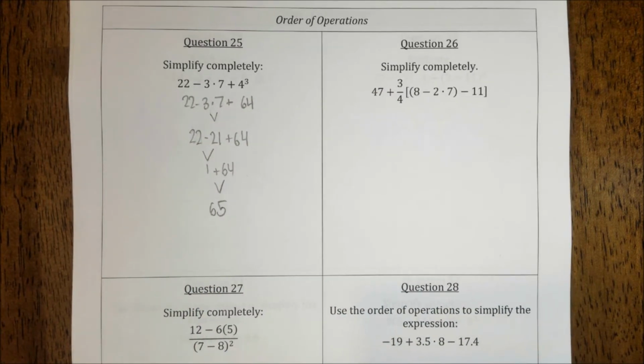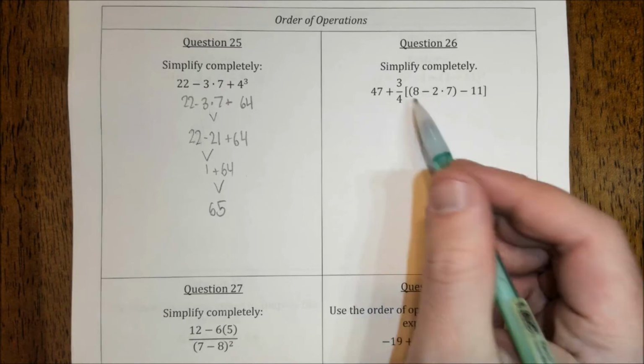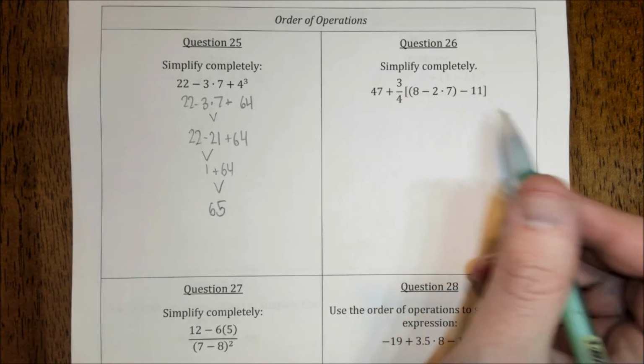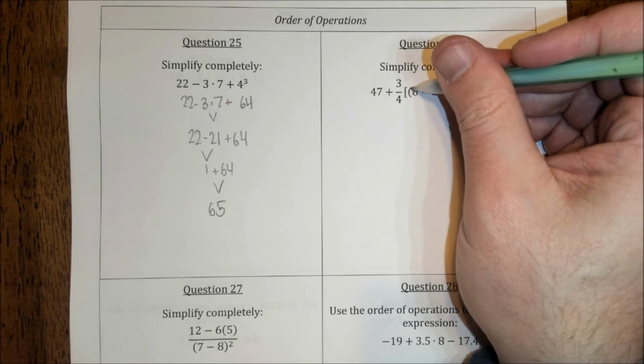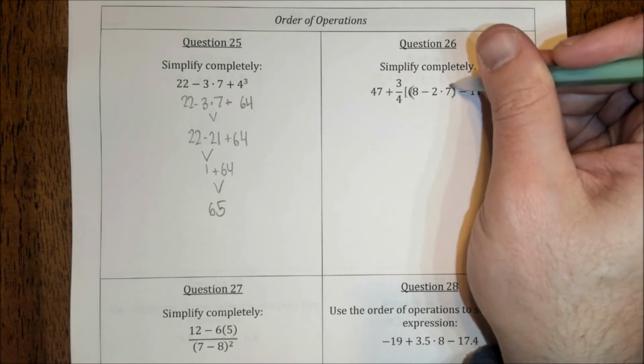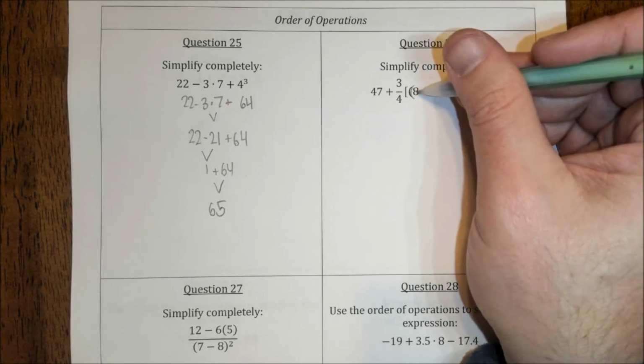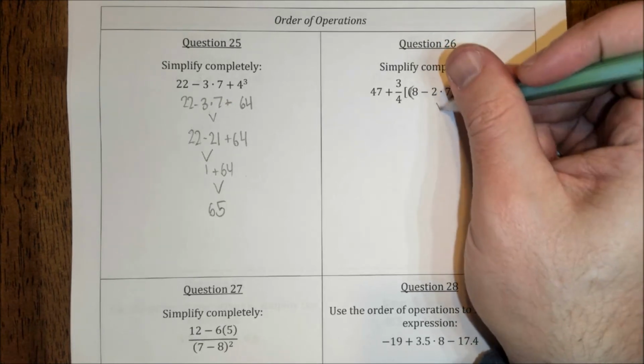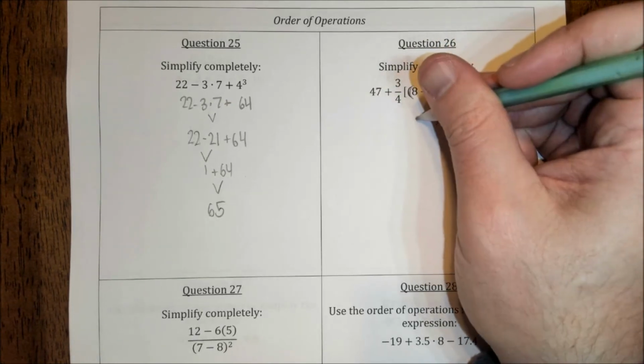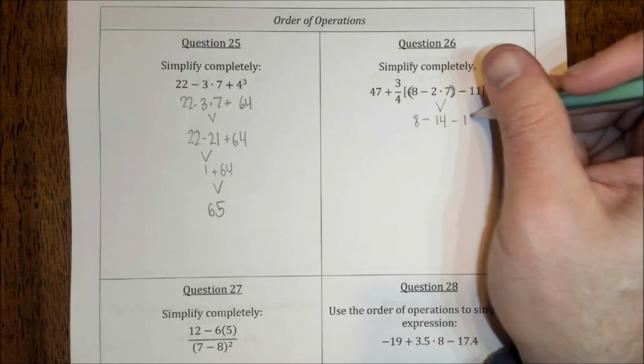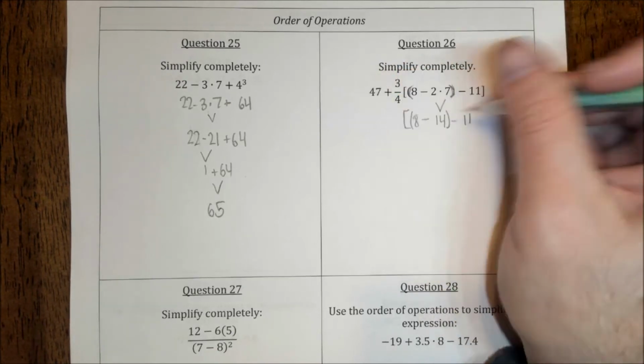Question 26, simplify completely. When you have brackets and parentheses, you work your way from the inside out. So let's only do what's inside the parentheses first. And inside the parentheses, we have subtraction and multiplying. So we need to multiply first. Let's bring everything else down that we didn't use.